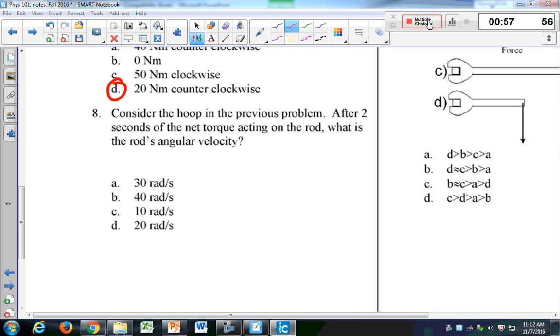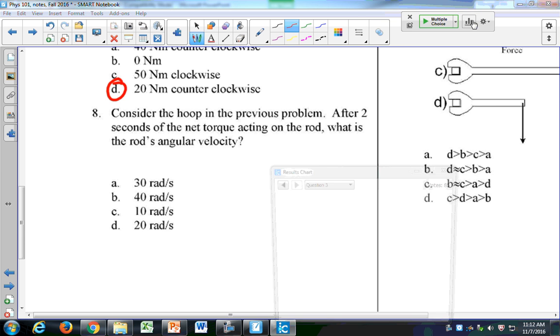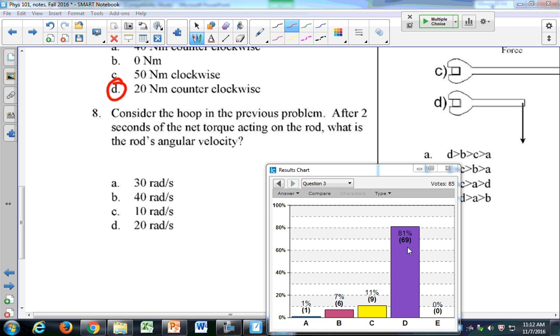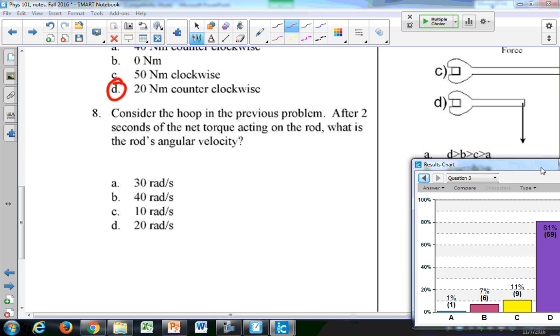All right, we'll stop at 110. So I know that my torque is 20 newton meters.